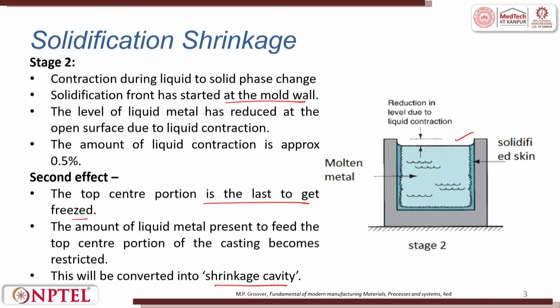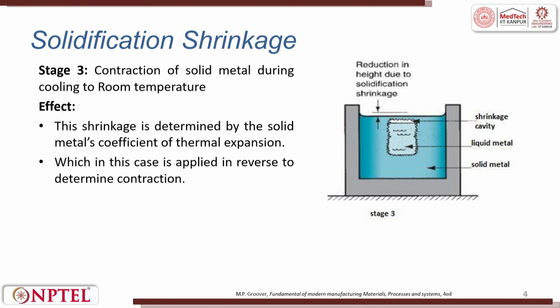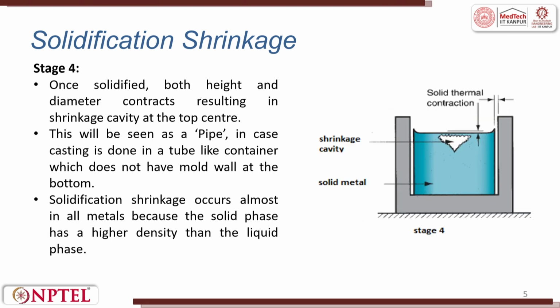This will be converted into a shrinkage cavity. Then comes stage 3, where contraction of solid metal during cooling to room temperature happens. The effect of this shrinkage is determined by the solid metal's coefficient of thermal expansion. So, you can see the reduction in height due to solidification shrinkage and the shrinkage cavity that has developed here, with liquid metal and solid metal. Next is the last stage.